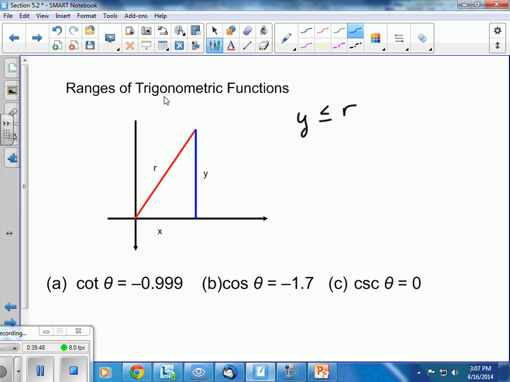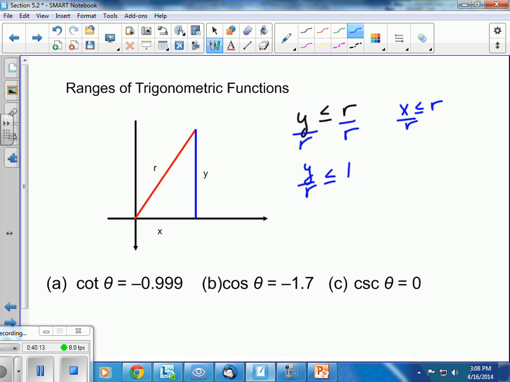and if you divide both sides by r, you find that y over r is less than or equal to 1. So y over r is the sine function. So the sine has got to be between -1 and +1. Similarly, x has to be less than or equal to r.